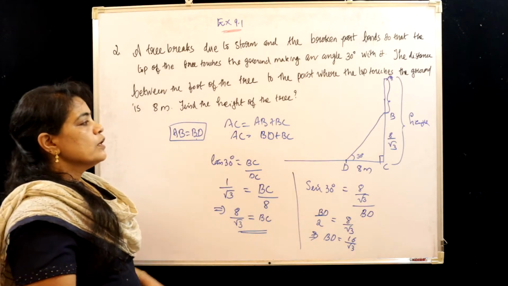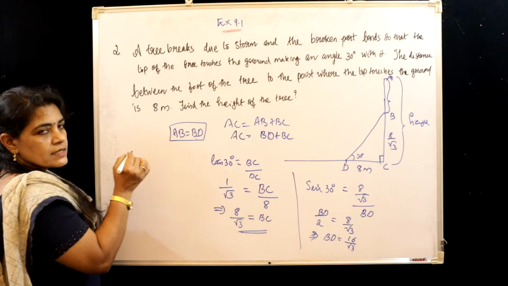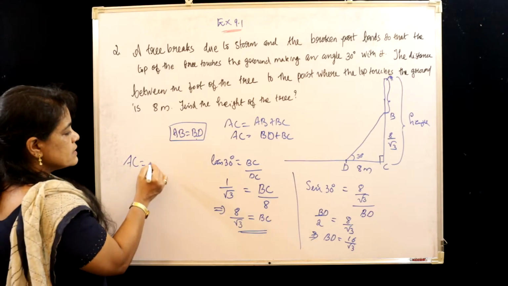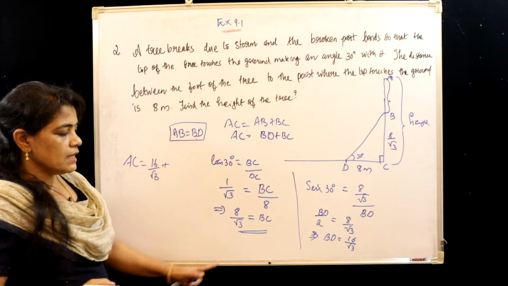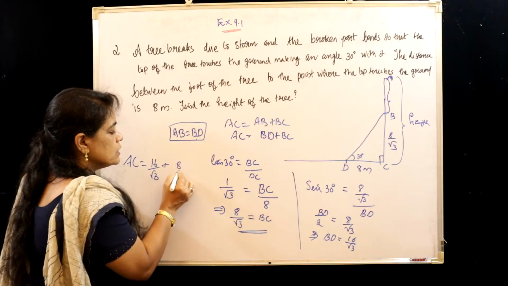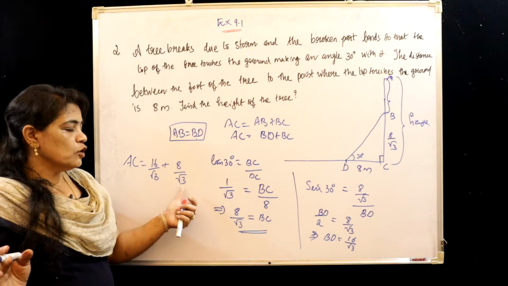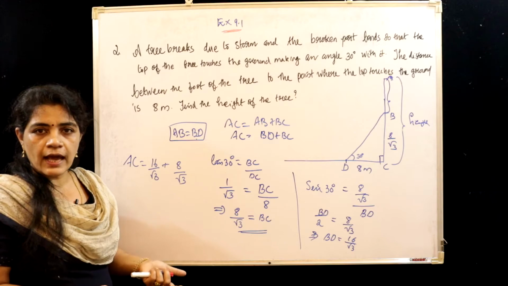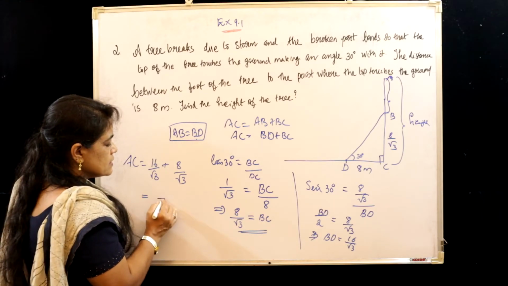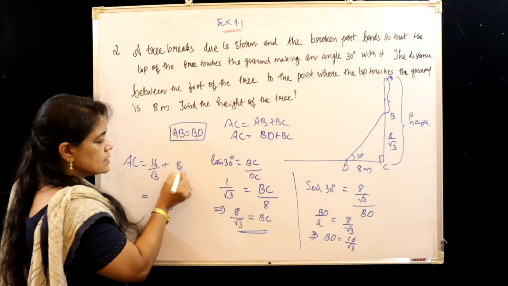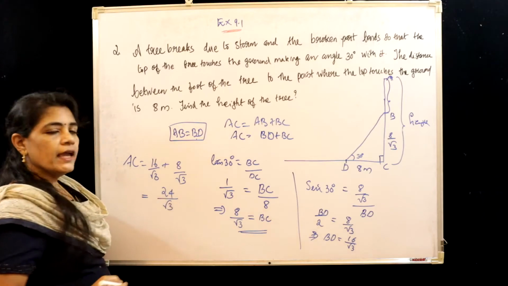And in order to get the height of the tree, AC equal to BD, which is 16 by root 3, plus BC, which is 8 by root 3. Understood? Here the denominators are same, which means you can add the numerators like fractions, that is root 3 in the denominator and 16 plus 8 is 24. 24 by root 3.